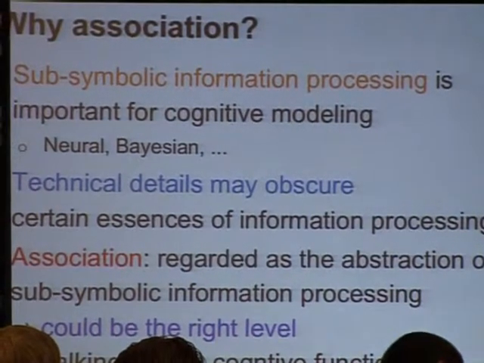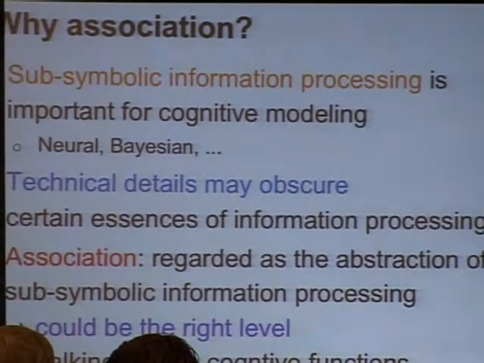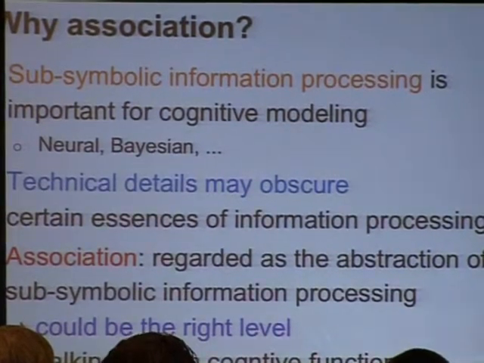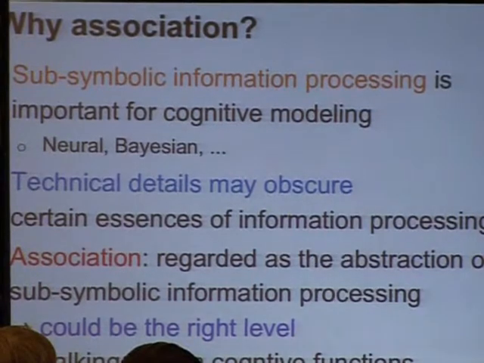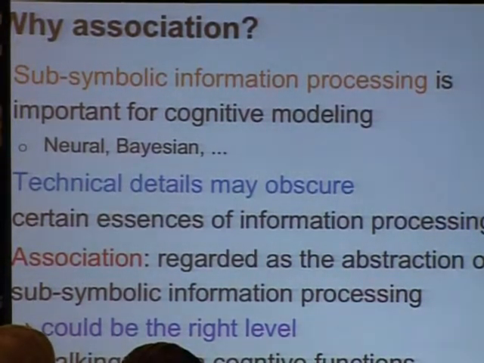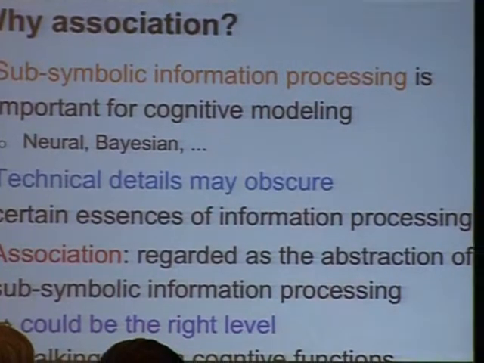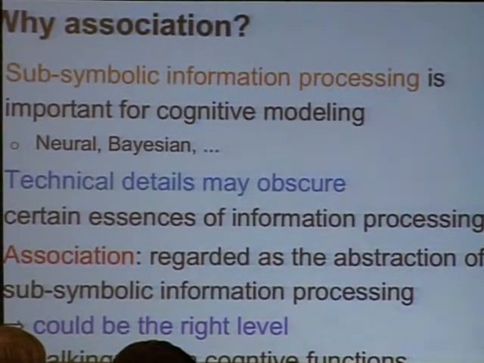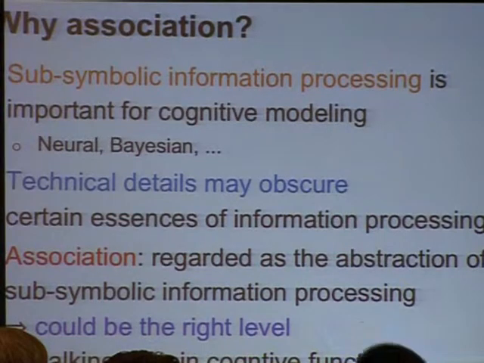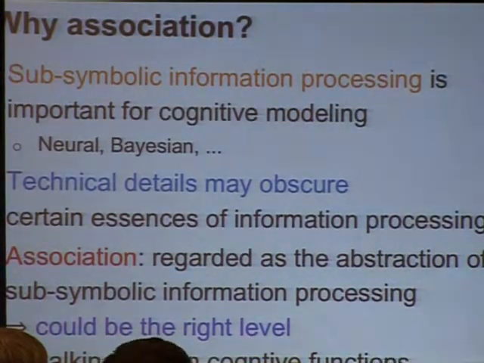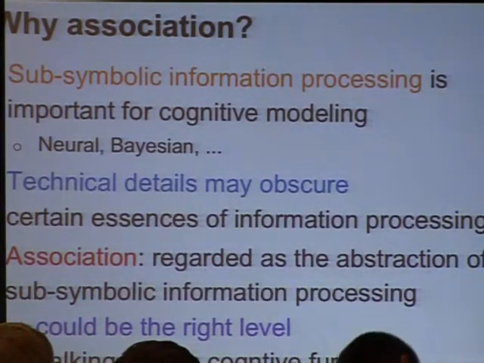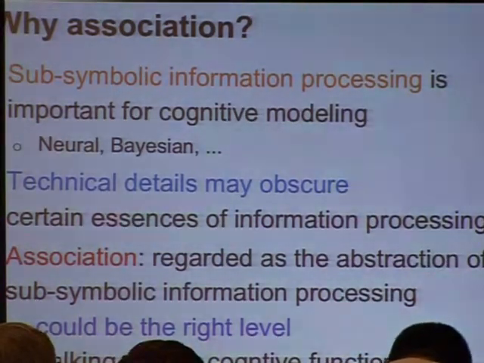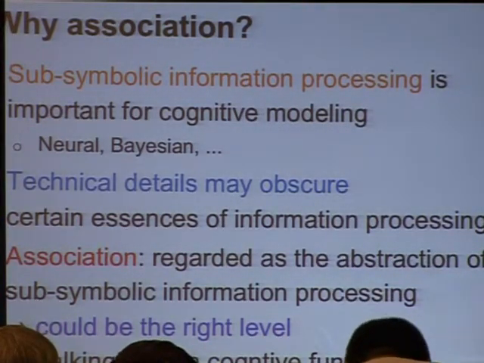The point here is technical details of subsymbolic models may obscure certain essences of information processing. So association can be regarded as the abstraction of subsymbolic information processing. So association could be the right level for talking about certain cognitive functions. And this is why I'm talking of association-based cognitive modeling.